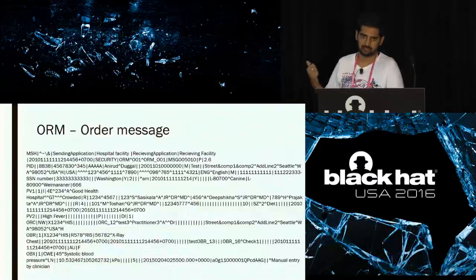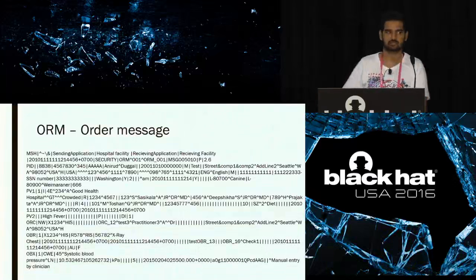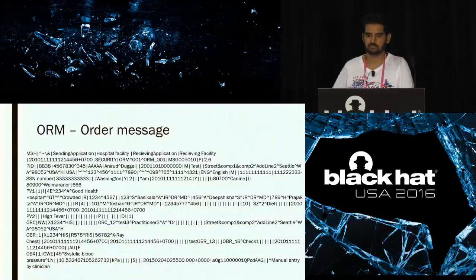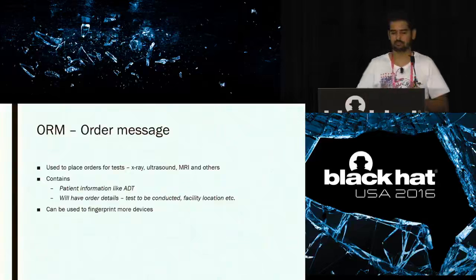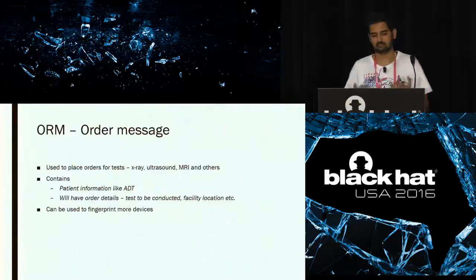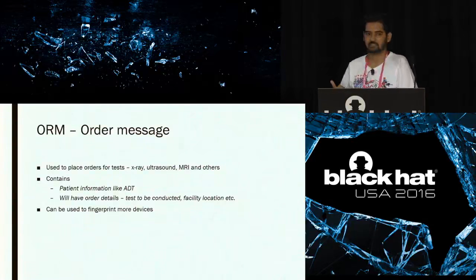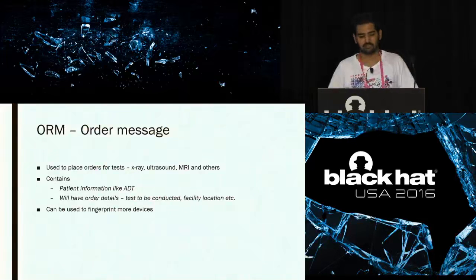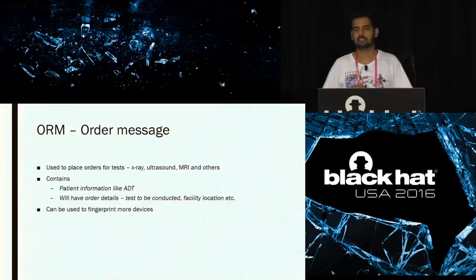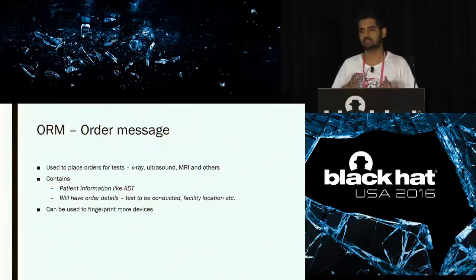As an attacker or a malicious user, if you gain access to this and change these messages, this is a big problem. This can be used to place orders, ultrasound, MRI. It has patient information like ADT. Some can have more information. It can have order details. Now, if you gain access to these messages, you can take an educated guess that there are more devices connected to the same infrastructure.